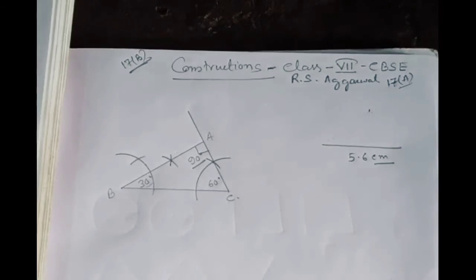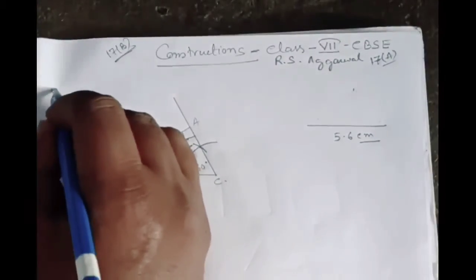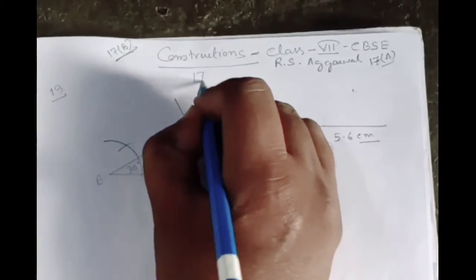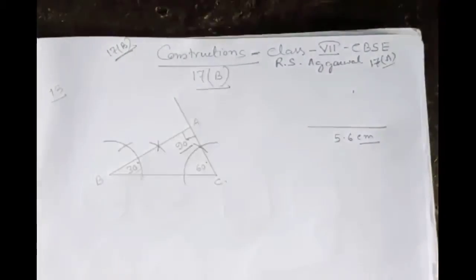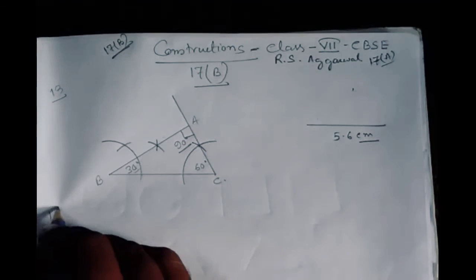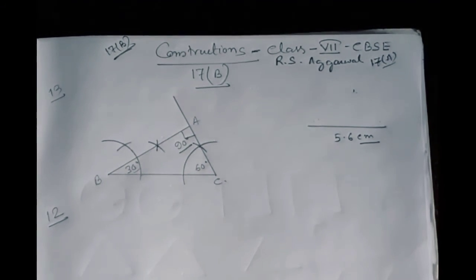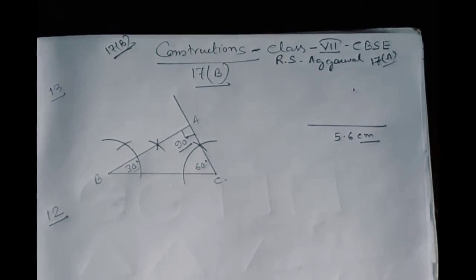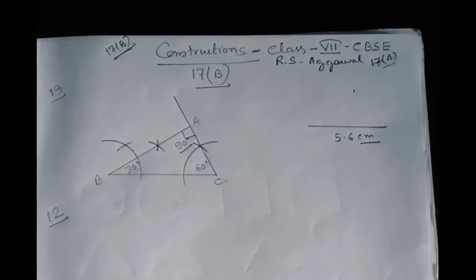Now move to question number 12 from R.S. Agarwal. Obviously we are doing EX 17B, exercise 17B. Construct a right triangle, one side of which measures 3.5 centimeter and the length of whose hypotenuse is given 6 centimeter.